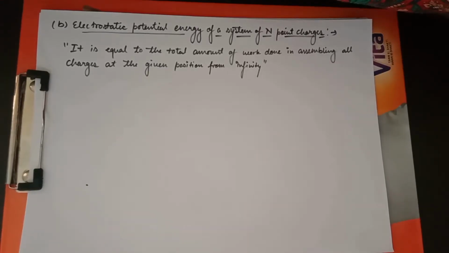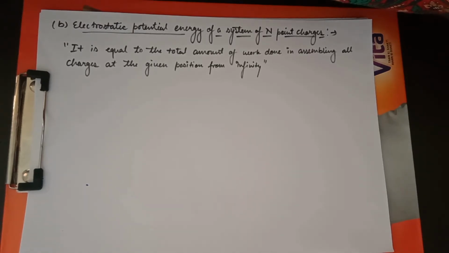Next we will calculate the electrostatic potential energy of a system of n point charges. Previously we derived an expression where we calculated the electrostatic potential energy of a system of only two charges.